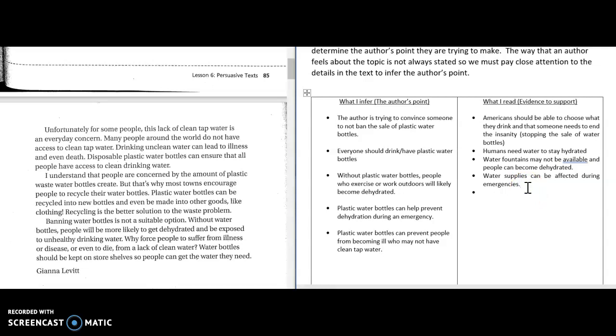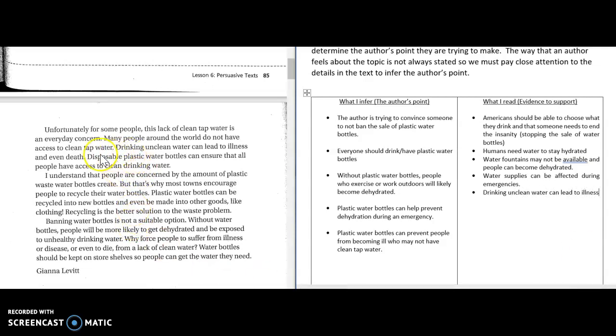And so what I read, that's actually really similar to what I inferred, isn't it? We see here that drinking unclean water can lead to illness, even death. So drinking unclean water can lead to illness.